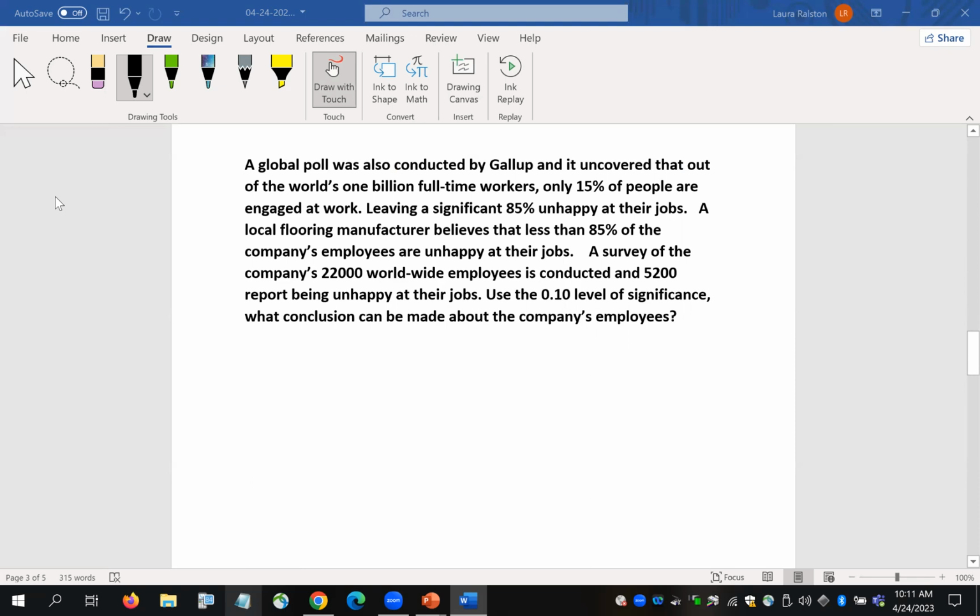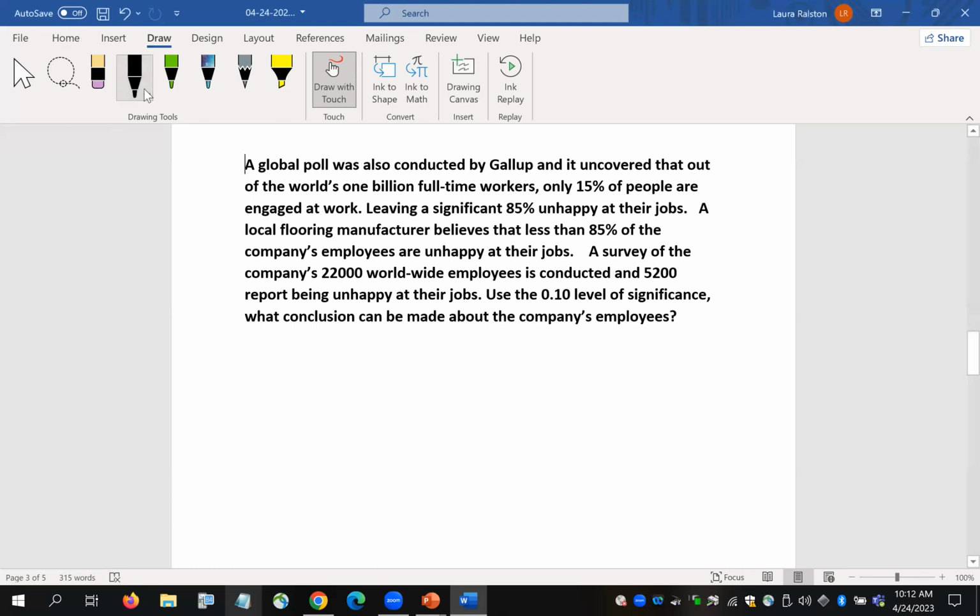A local flooring manufacturer believes that less than 85% of the company's employees are unhappy at their jobs. A survey of the company's 22,000 worldwide employees is conducted and 5,200 report being unhappy at their jobs. Use the 0.10 level of significance. What conclusion can be made about the company's employees?